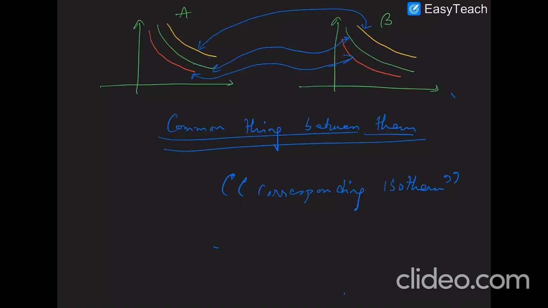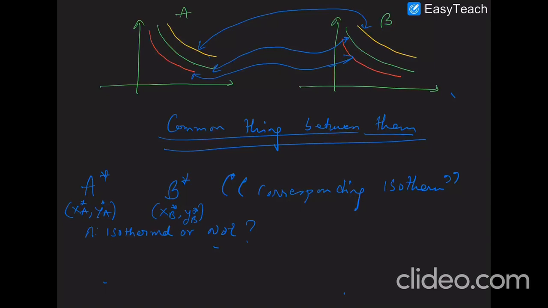Now the question is, if you have a point, suppose you think of any point A star of system A and B star of system B. Now you are interested to find out whether they are isothermal or not. So how will you do that? First, state A will have some XA, YA. Similarly, state B will have some XB, YB.